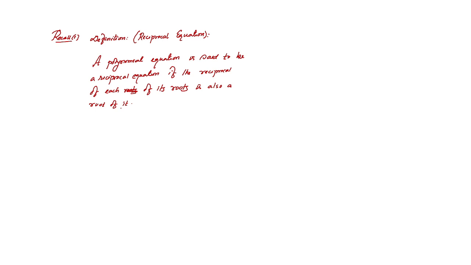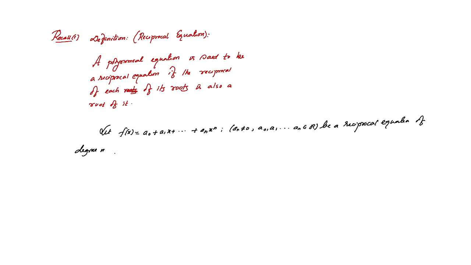So what exactly do we mean by this? The meaning is, let f(x) equals a0 plus a1 x plus ... plus an x to the power n, where an is non-zero and all a0, a1, ..., an are real numbers, be a reciprocal equation of degree n, having roots alpha 1, alpha 2, ..., alpha n.